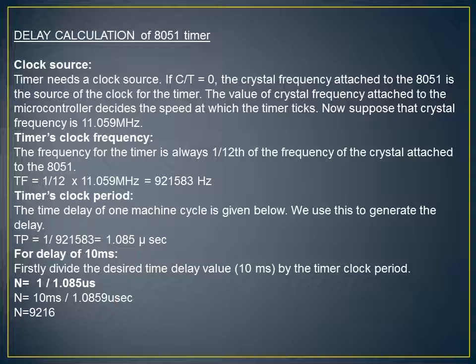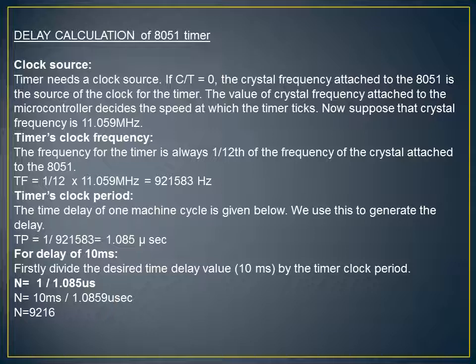Timer's clock period: the delay time of one machine cycle is given below. We use this to generate the delay. So TP is equal to 1 by 921583, which is equal to 1.085 microsecond. For a delay of 10 millisecond, first divide the desired time delay value, that is 10 millisecond, by the timer clock period.